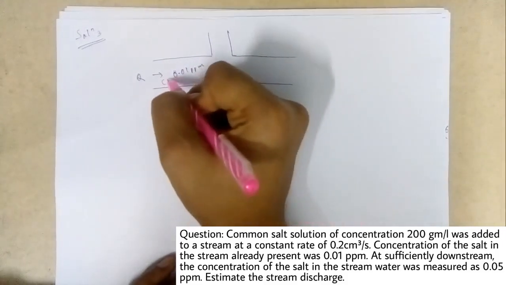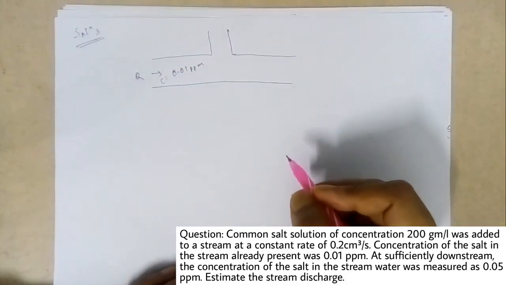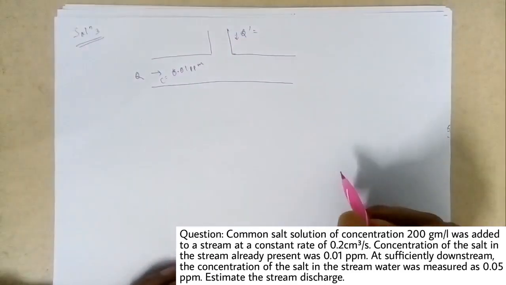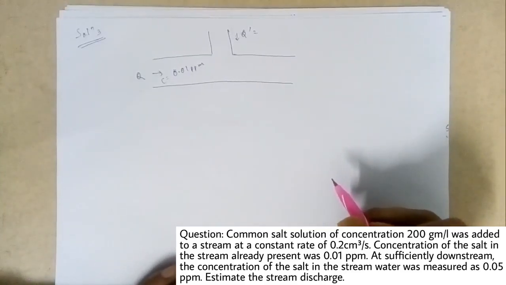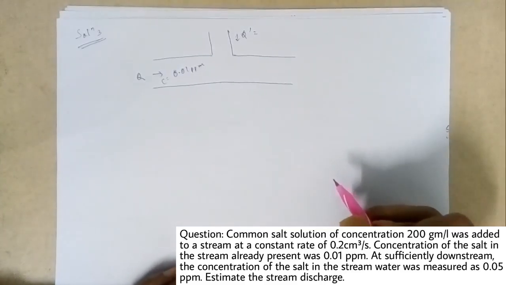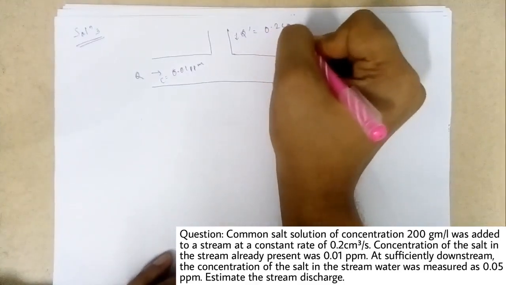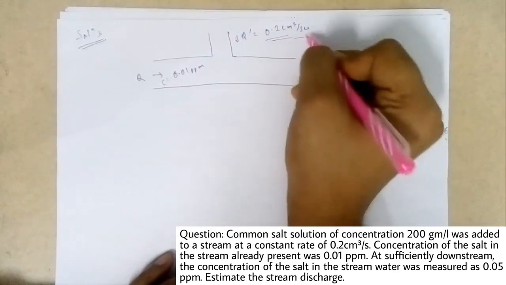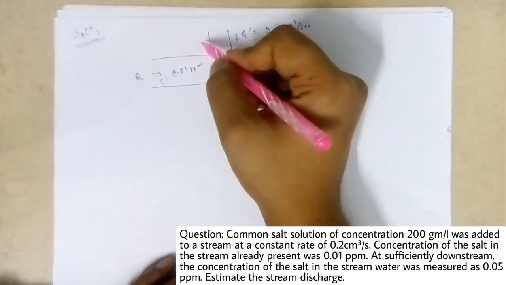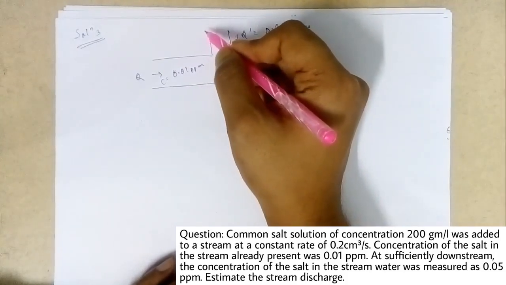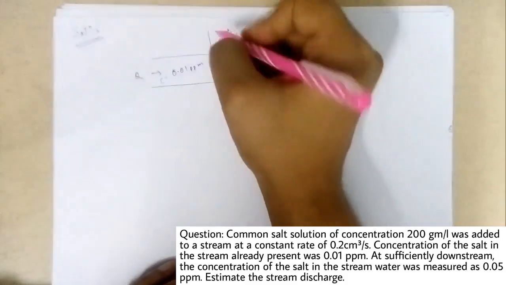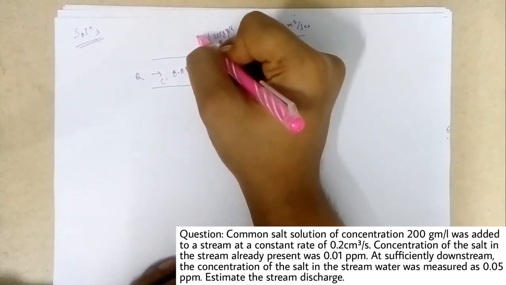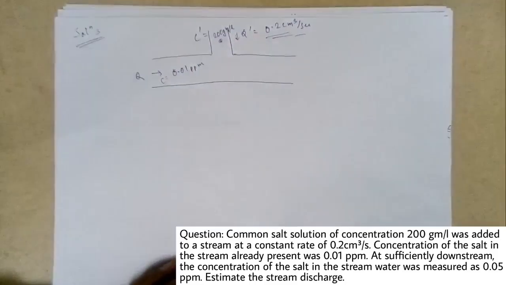So C is equal to 0.01 ppm. We know the value of Q dash, given as 0.2 centimeter cube per second. This is the discharge rate with which we are adding the salt. The concentration of the salt that is being added is 200 gram per liter. So this is our C dash, 200 gram per liter.